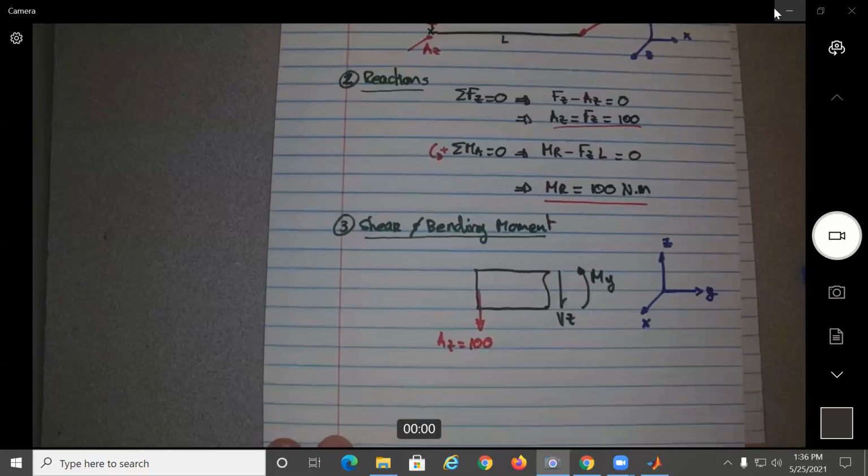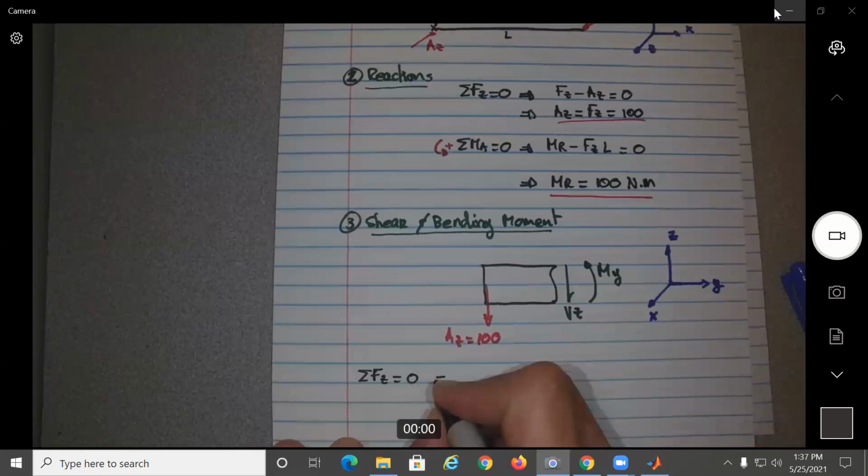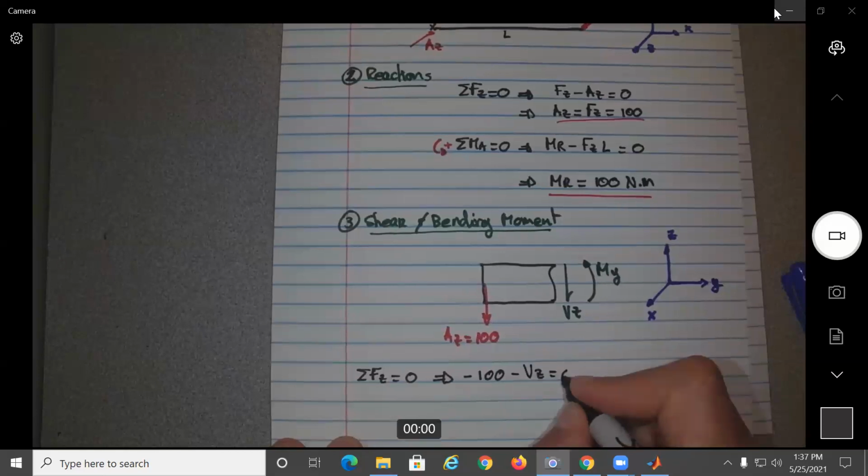So once again, if we apply summation of forces on the Z, sorry, we're going to find the shear force on the Z. So we get minus 100 minus Vz equal to 0, which is going to give us Vz equal to negative 100 newtons.